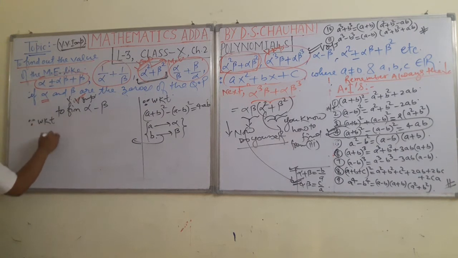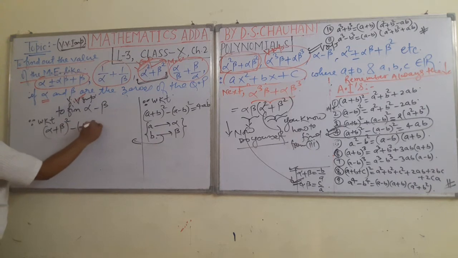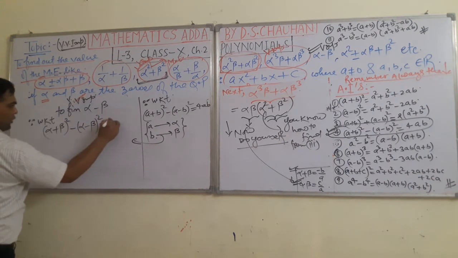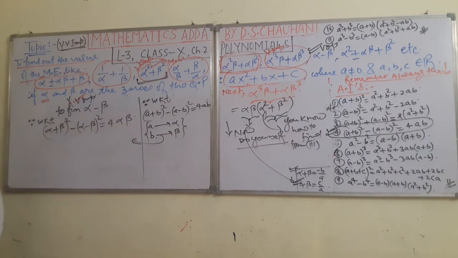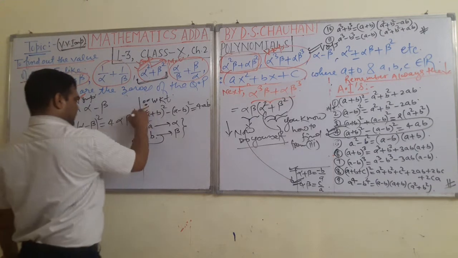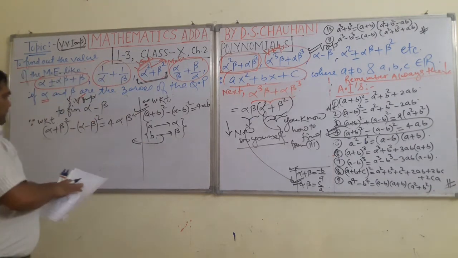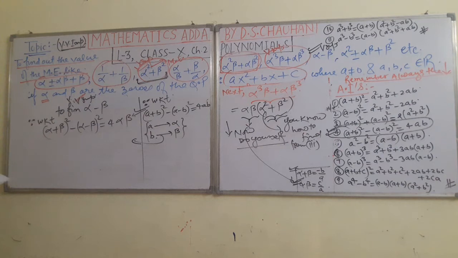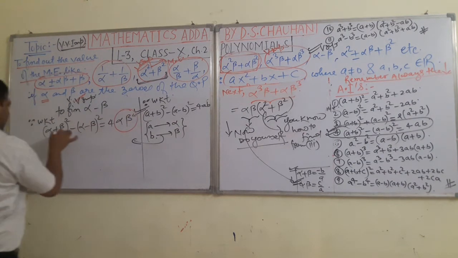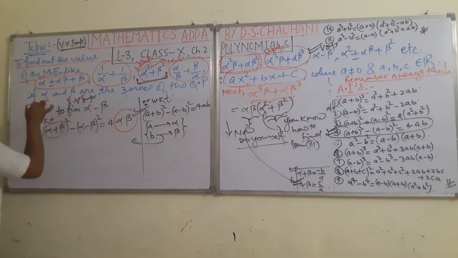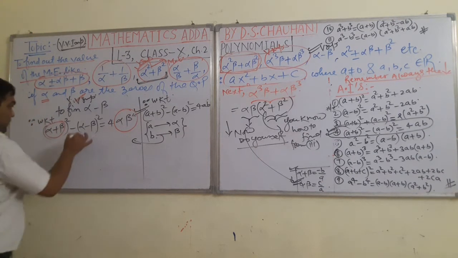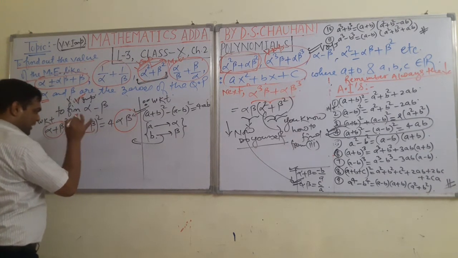Since we know that alpha plus beta to the whole square minus alpha minus beta to the whole square equals 4 alpha beta. Always remember this identity. Okay, students, we are at such a stage where we know the value of alpha beta and the value of alpha plus beta, and what to find? We have to find the value of alpha minus beta.